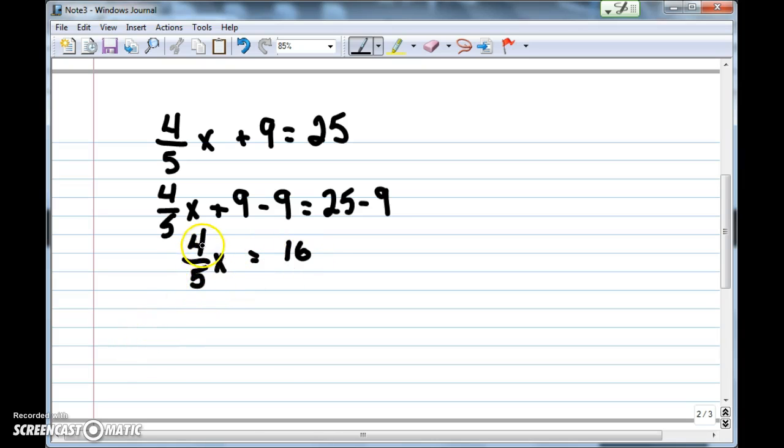Now, we have 4/5 times x, and we want to do the inverse of times x. Now, if you remember from when we talked about fractions, we said if we have a number like 4/5 and we multiply by its reciprocal, then we can simplify that to be 1.